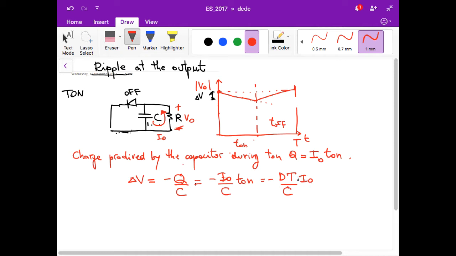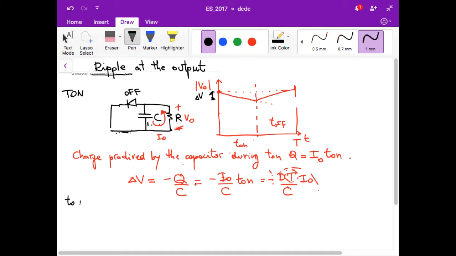Now we have an idea of the ripple that we can have, and of course it's pretty clear that in order to minimize the ripple, we can increase the switching frequency to decrease T and increase the capacitance. Okay? This is pretty clear.